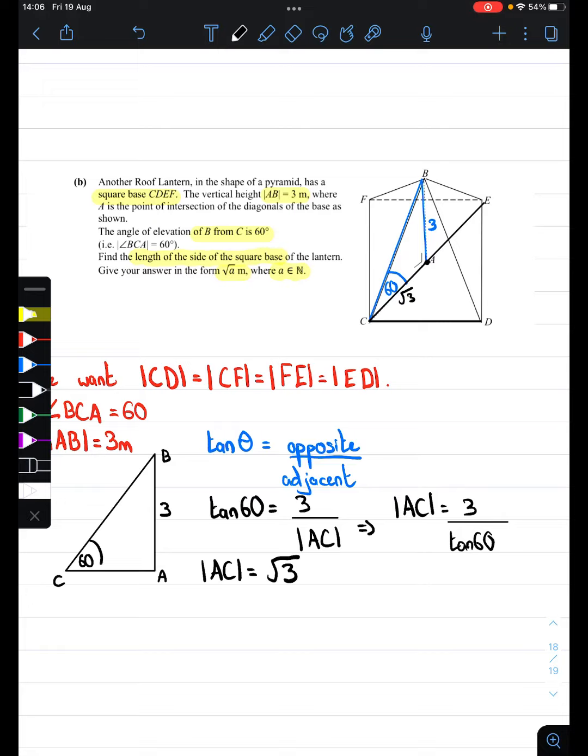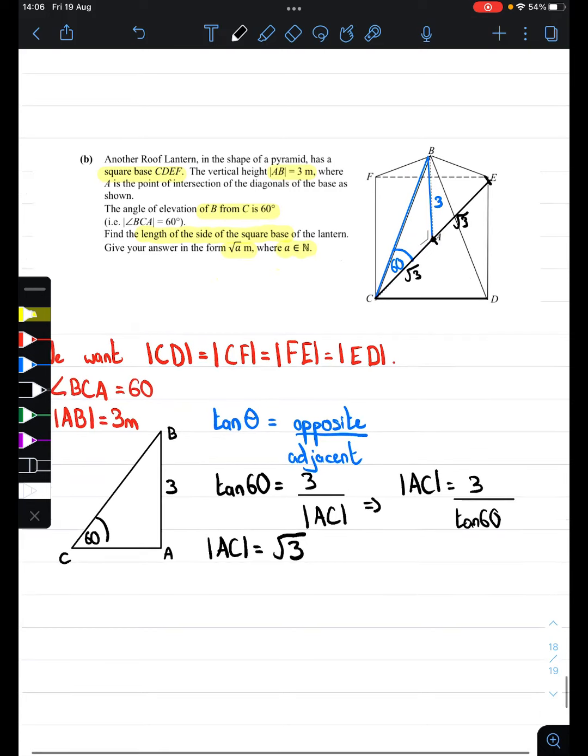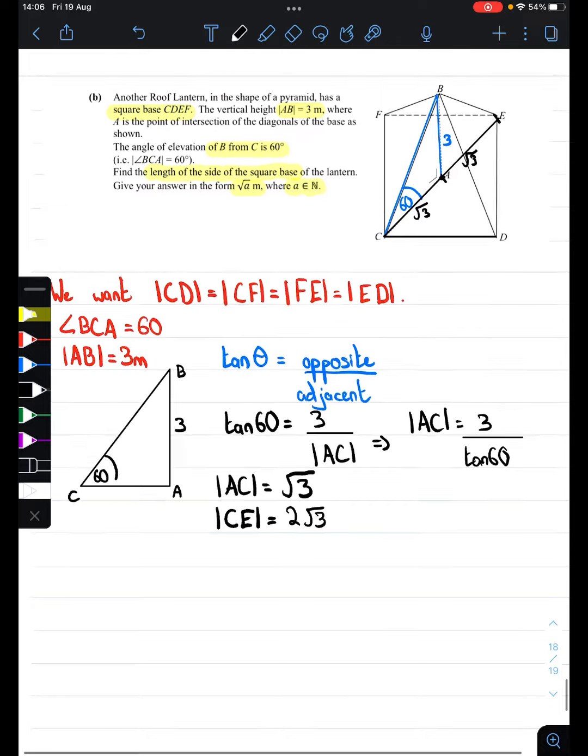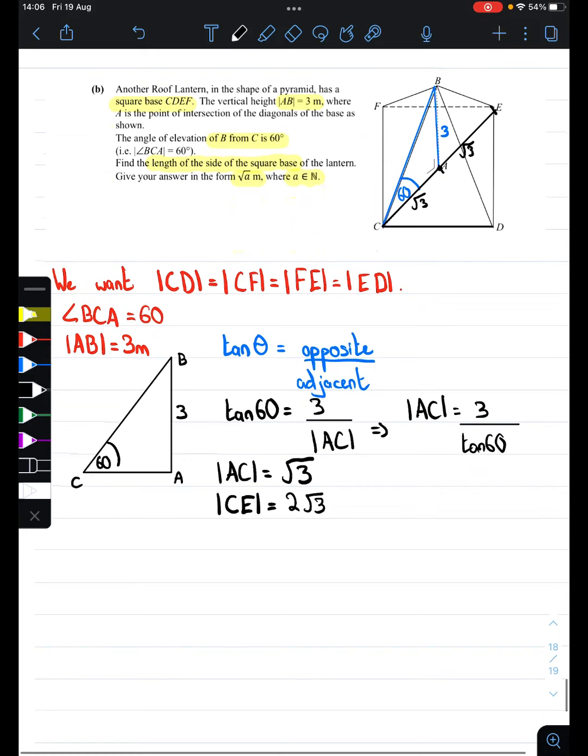So if we do that again, EC is also the square root of 3. So now we've shown that CE is equal to 2 root 3. Okay, well, how does that help us? We found the length of the diagonal, it's 2 root 3. How does this help us find the length of the side of the square?